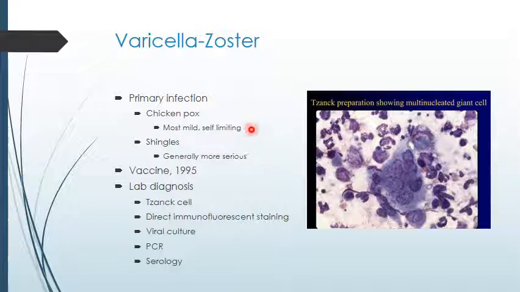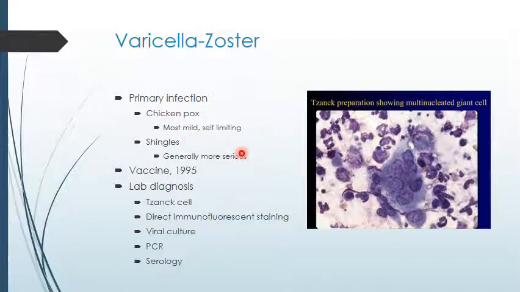However, it is not a single time that you get it, right? So chickenpox will set up a chronic infection inside your peripheral nerve cells, and that virus can reactivate and cause a secondary infection later on in life, and that infection is called shingles.